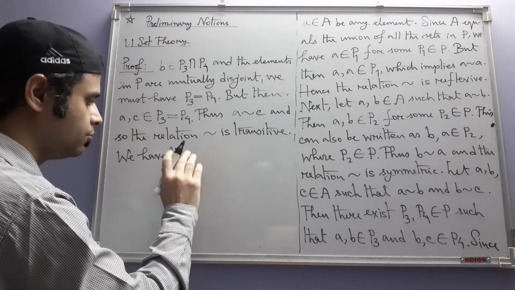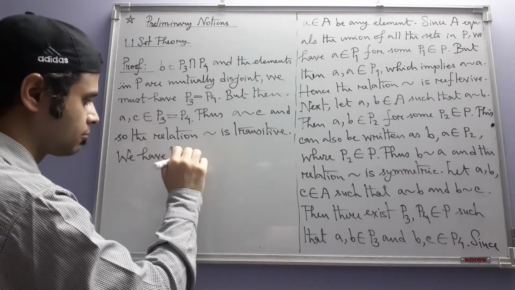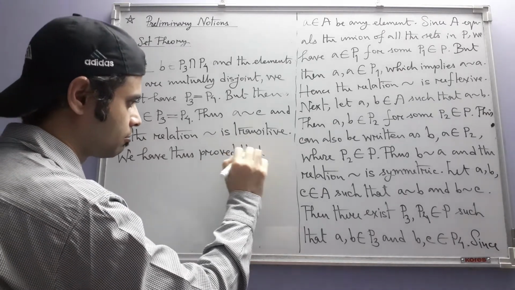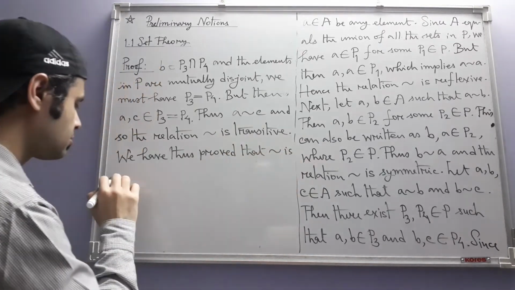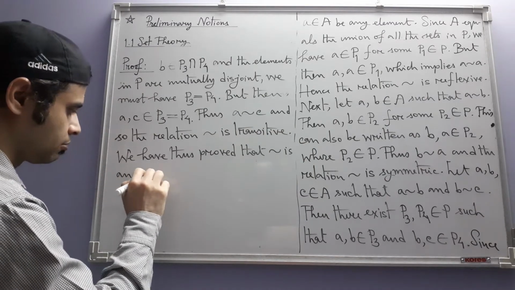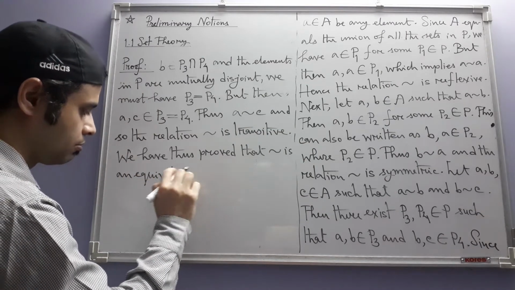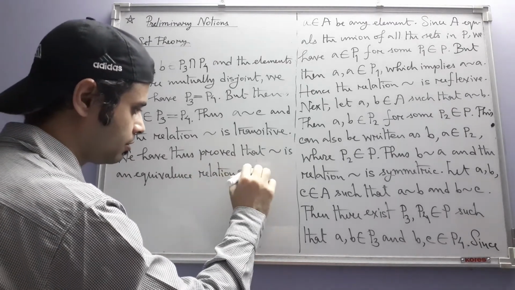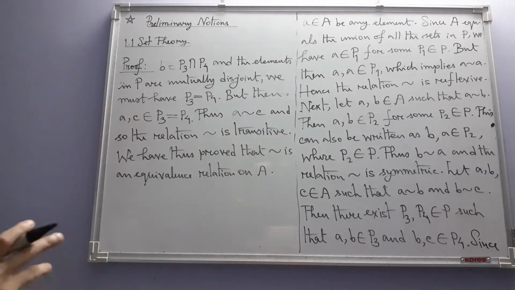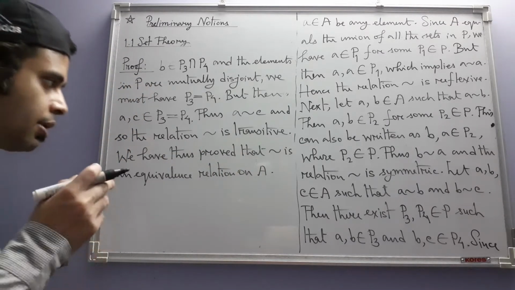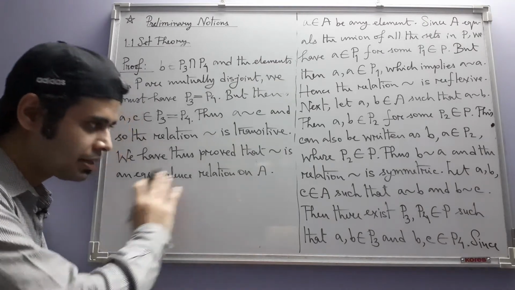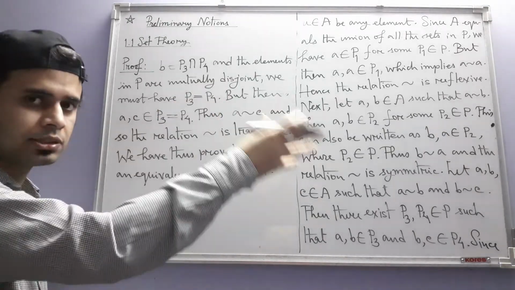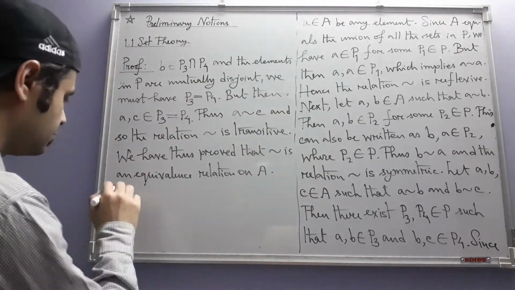We have thus proved that this is an equivalence relation on A. Okay, so what else do we have to prove? We now have to prove that the equivalence classes of this relation are precisely this P1, P2, P3, all the elements in P. Okay.